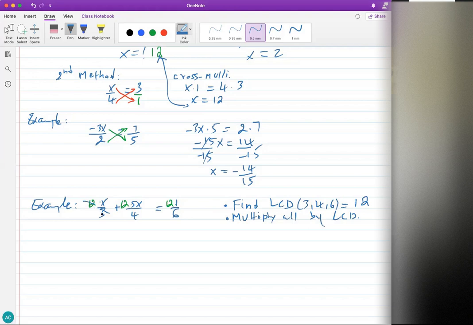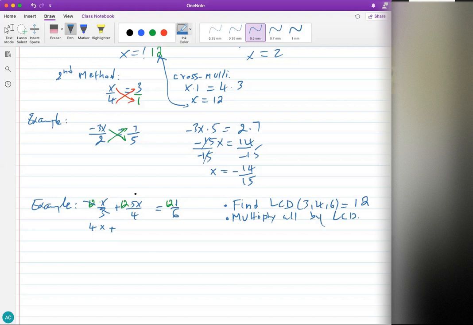So 12 by 3, or 3 into 12, how many times is that? 4. That's right, we get 4 here, and the fraction is gone. Times whatever this is, bring it down for now. And you repeat the same thing for the other ones.